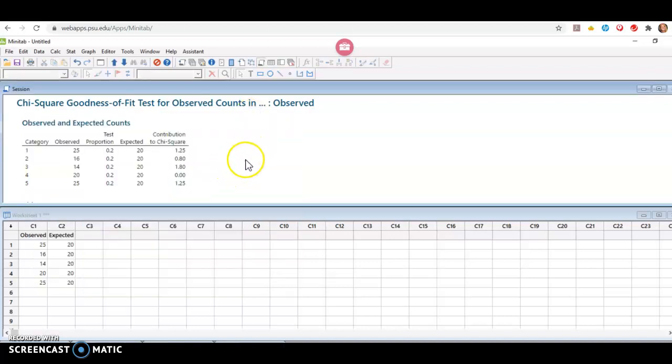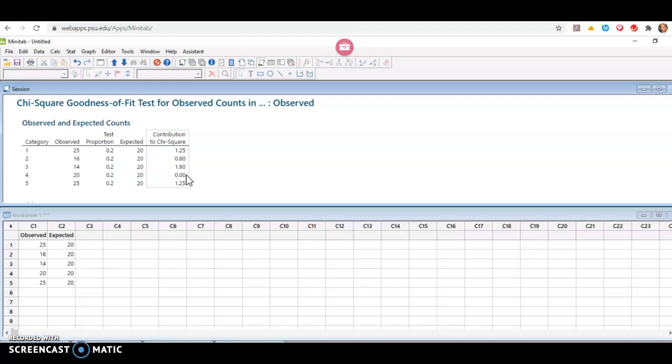But what I'm really interested in here is my chi-square test statistic and my p-value. So this table gives us that comparison. It shows us what we observed in polish number 1, what we expected for polish number 1, and what the observed minus expected quantity squared divided by expected turned out to be for that polish, 1.25.